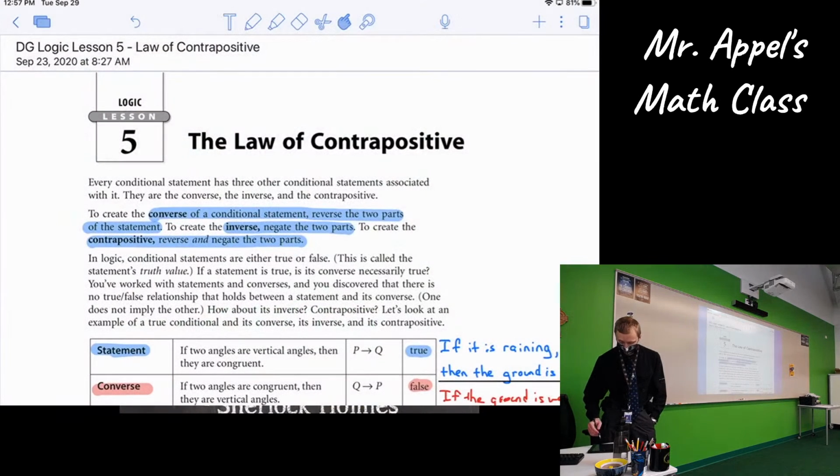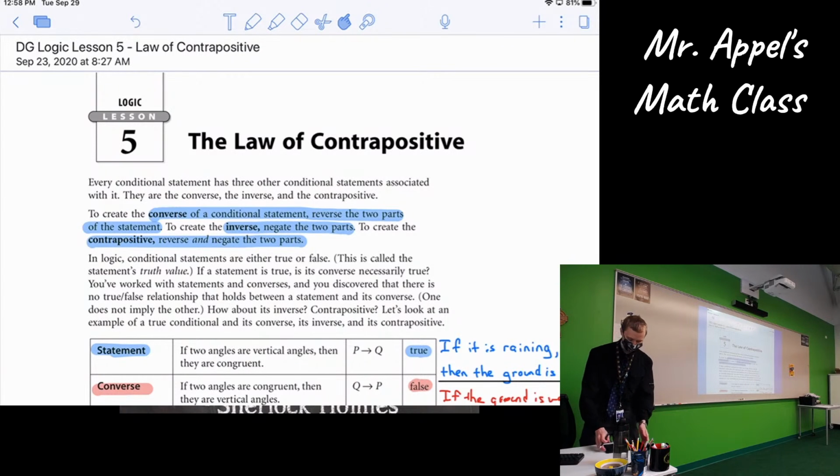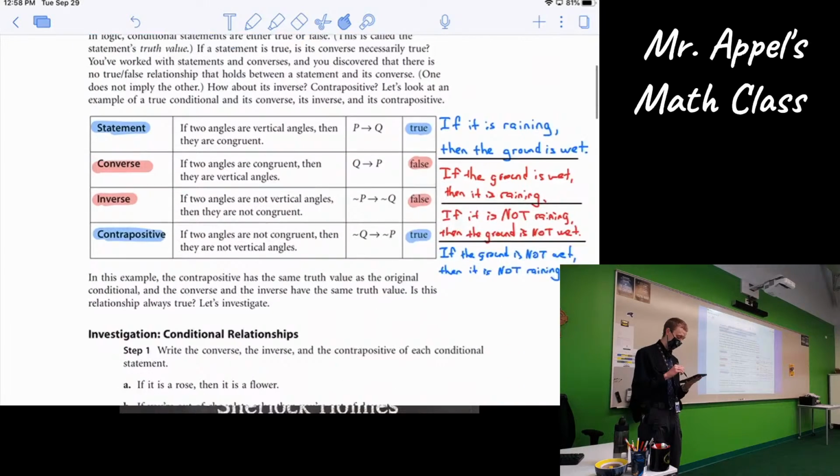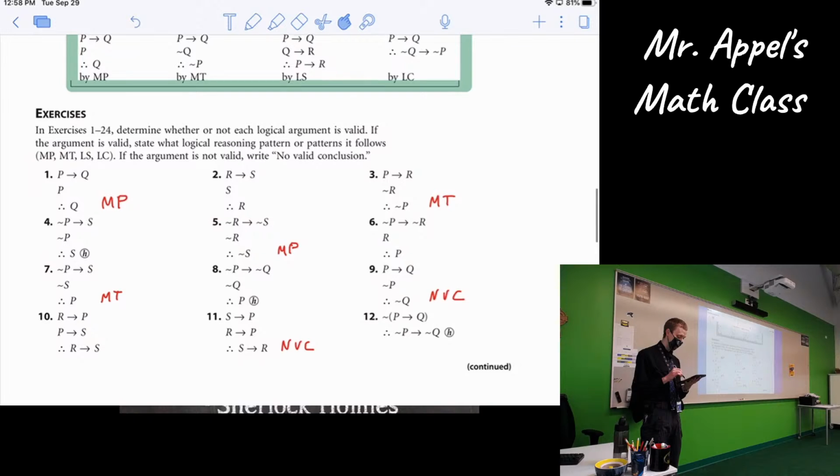So go ahead and take out your work from yesterday, the Law of Contrapositive. And here then are the results.